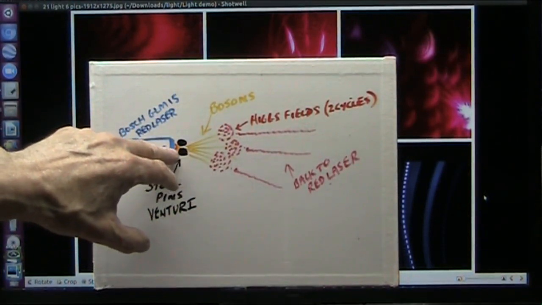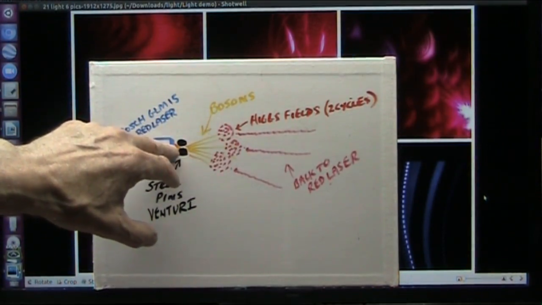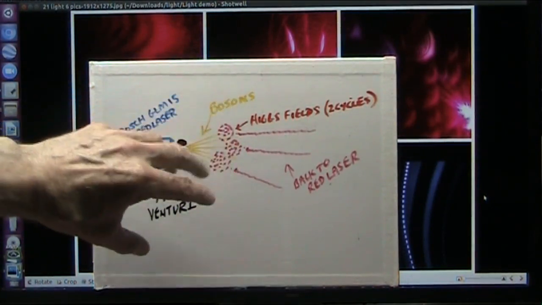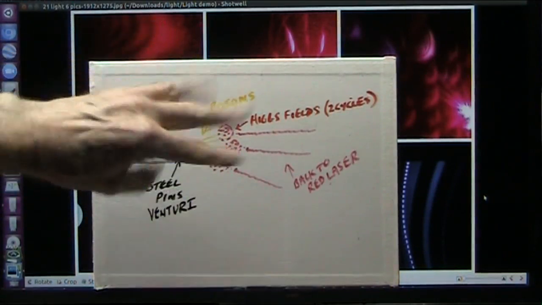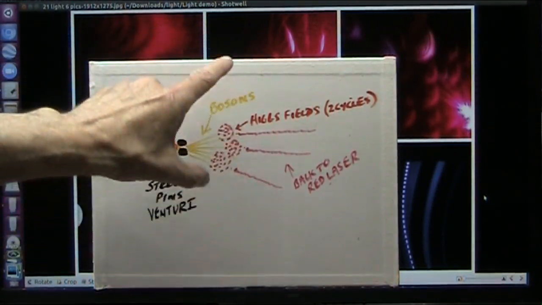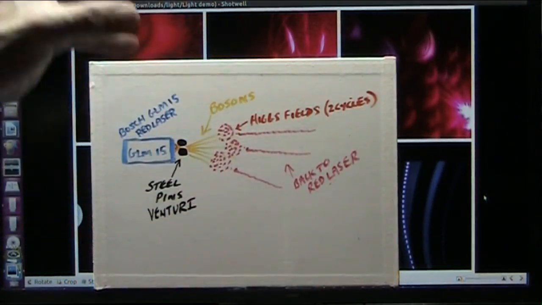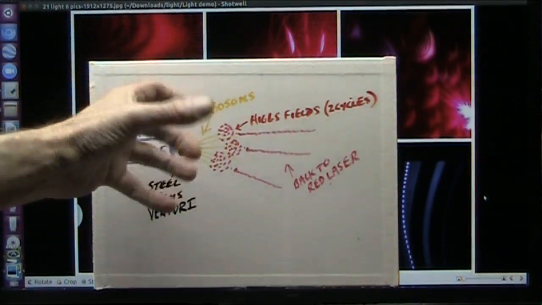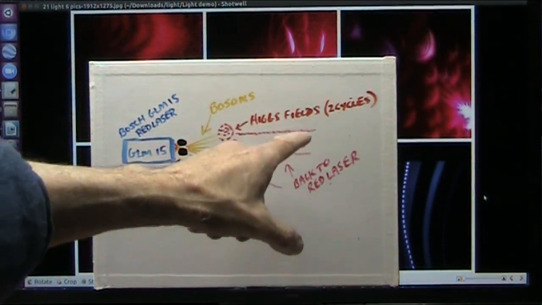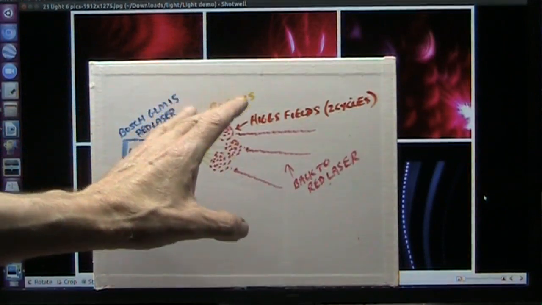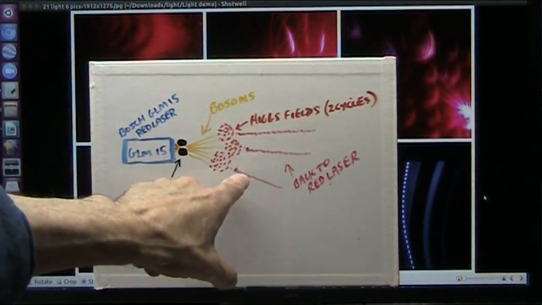This creates white plasma, which is Cherenkov, turns into bosons. They spray out there, smash into the atmosphere, and illuminate it and fluff it up into these Higgs fields. And they only last for 2 cycles that I have ever seen. And then they come back to red.